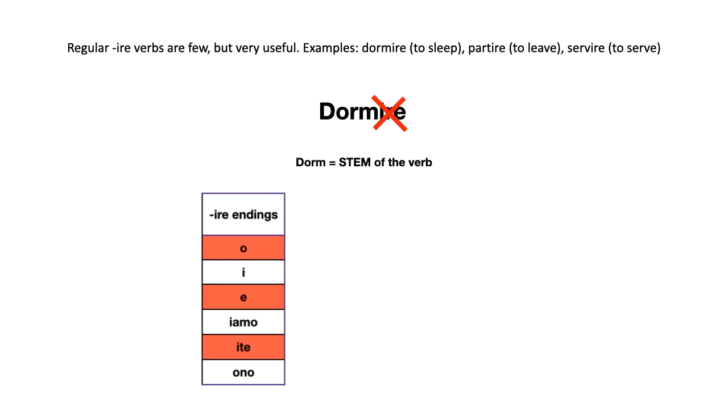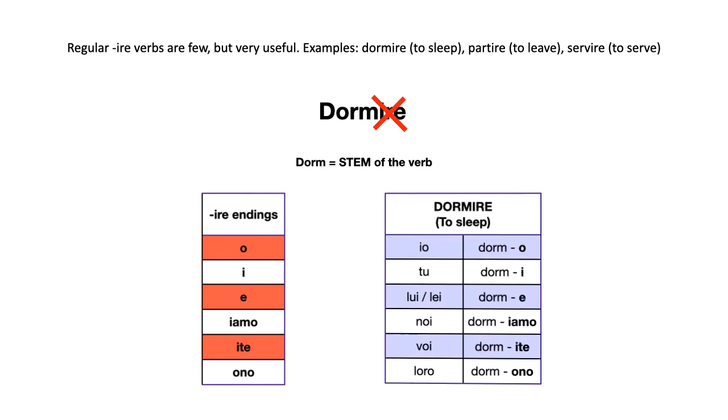These are the ire endings. O for io, I for tu, E for lui and lei, iamo for noi, ite for voi, and ono for loro. Therefore, the conjugation of dormire, once we put together the stem and the correct endings, goes like this.